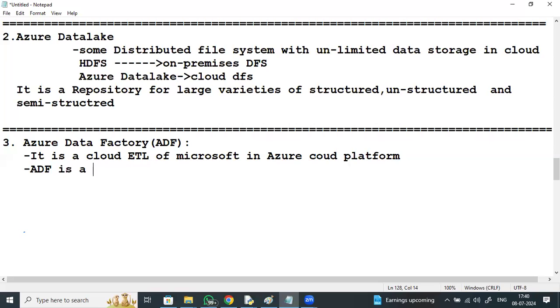I can say it is a data integration service. It integrates the OLTP systems and the data warehouse.